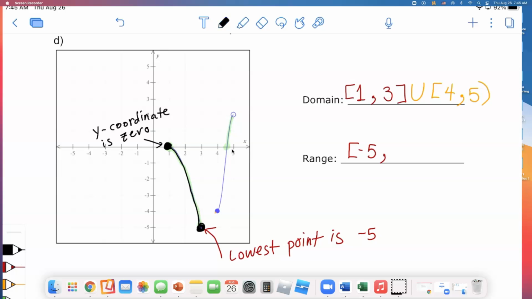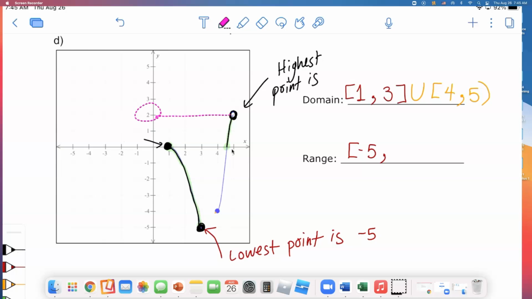I'm gonna start from here, and I see that the highest point is, let me erase this. Let's take a look. What's the highest point? 2. So the range is from -5 to 2. Just make sure we draw a parenthesis after 2 because we have an open circle here.